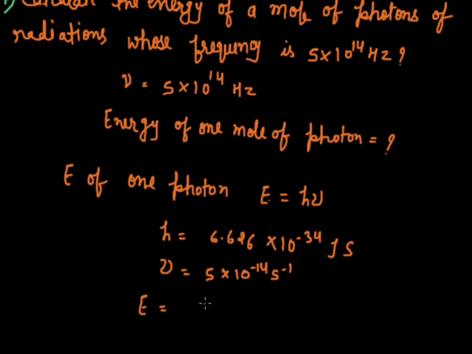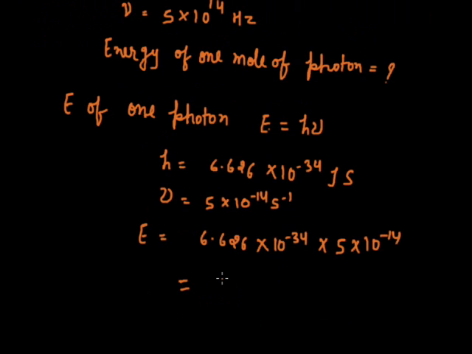E will be 6.626 into 10 to the power minus 34 into 5 into 10 to the power 14, which will be 3.313 into 10 to the power minus 19 joule.